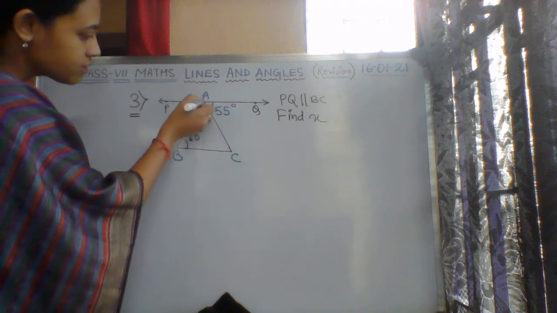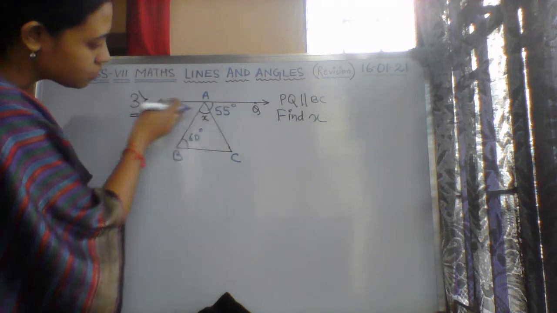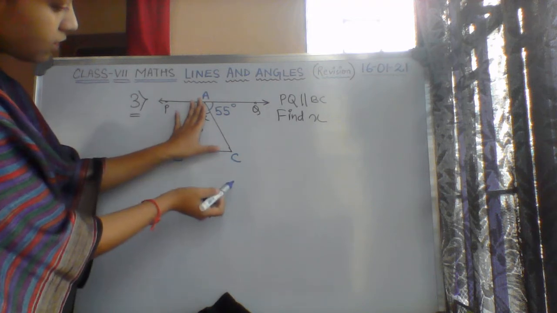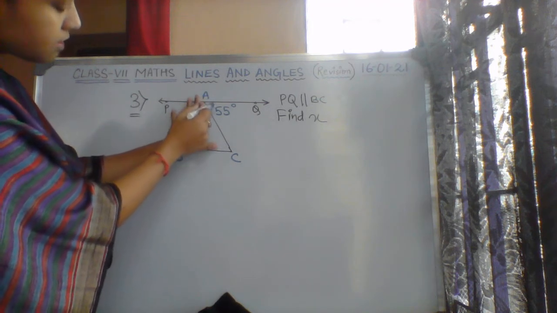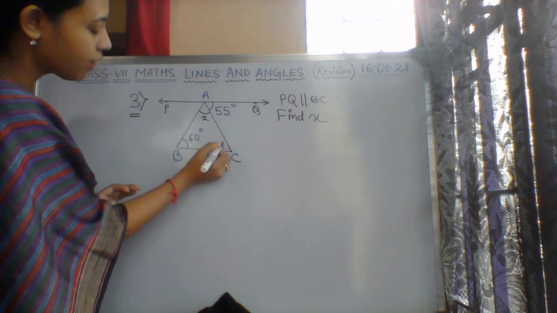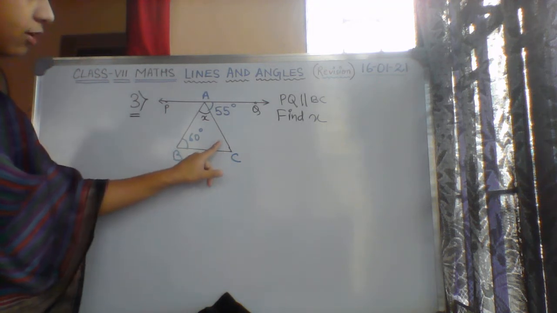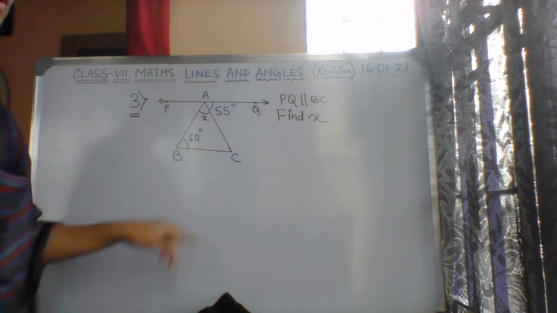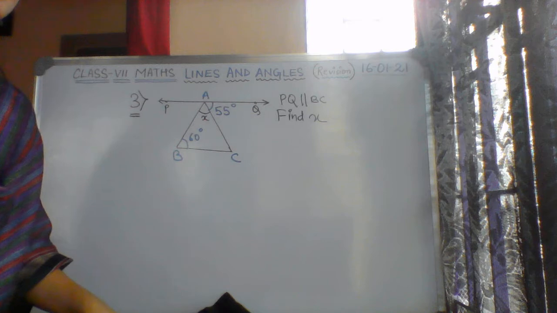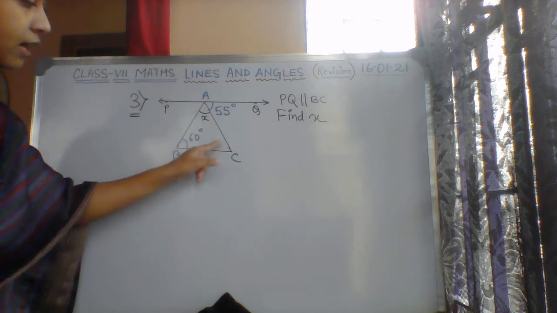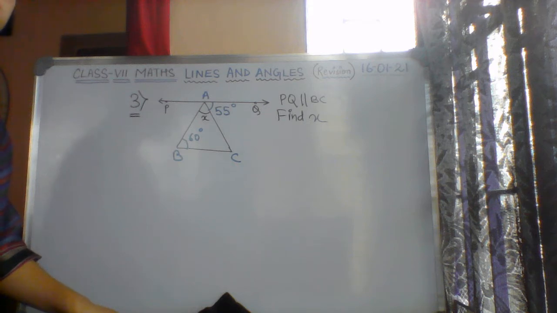If this is a transversal and these two are parallel lines, you can easily see this 55 degree angle, and its alternate interior angle will be this angle. So this angle value is also 55 degree. Now this is a triangle also. You have learned about the angle sum property of a triangle: if you add all three angles of a triangle, you will get 180 degree.